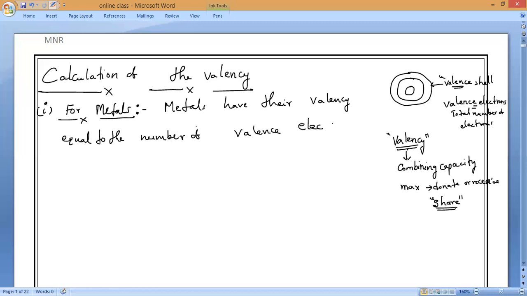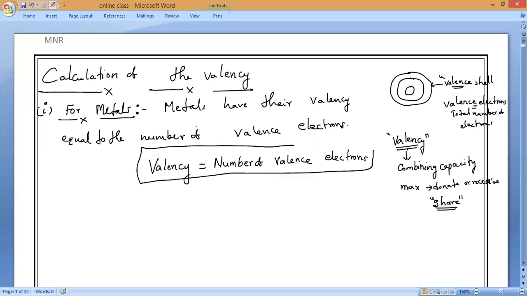Have you understood, everybody? That is a simple statement. If you want to remember, for metals, valency is equal to the number of valence electrons. Are you clear, everybody? The number of valence electrons itself is called valency. That is for metals alone.